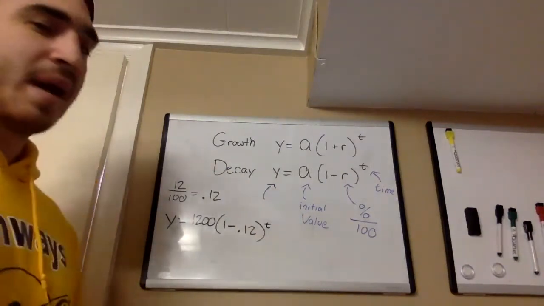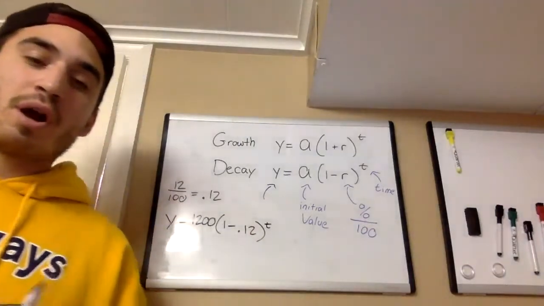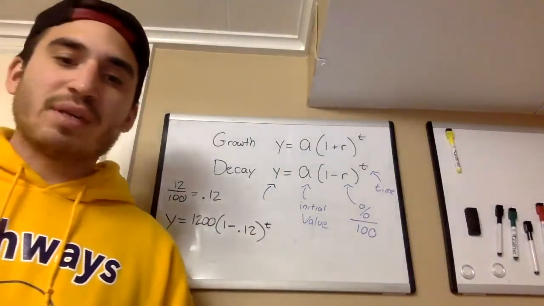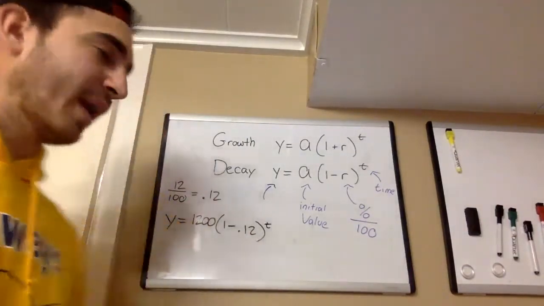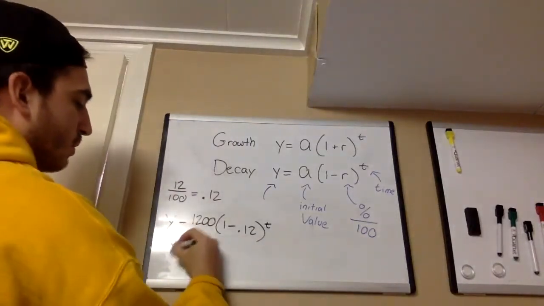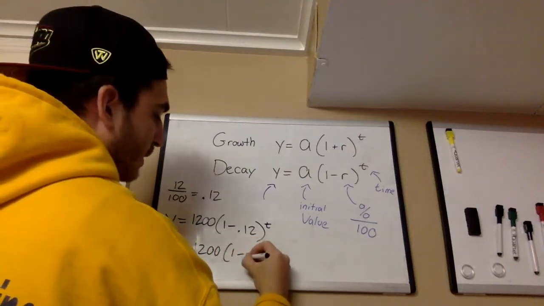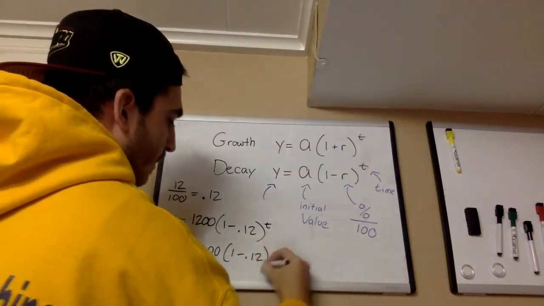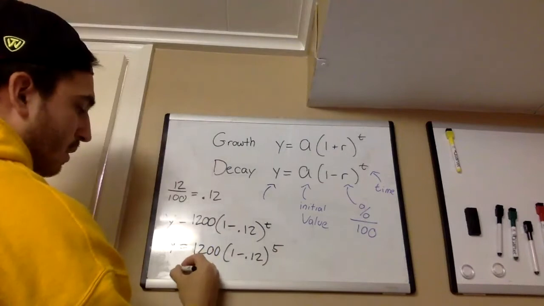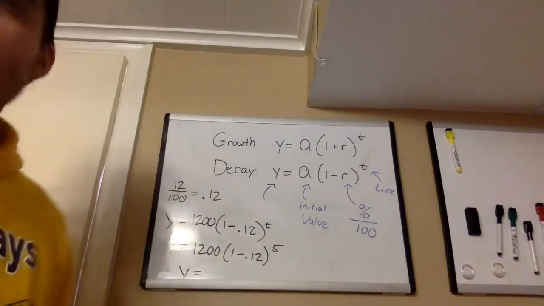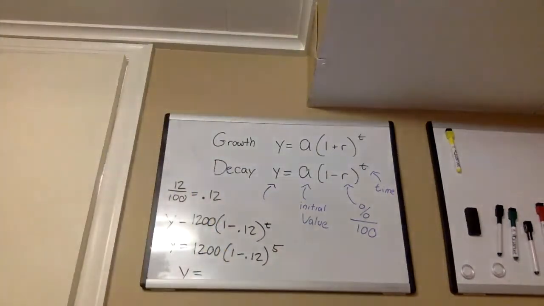The question then might ask you, how much would the car be worth, let's just say in 5 years? Since now I'm giving you a time, I am now going to plug in 5 for t. After that, you would then plug this into the calculator.